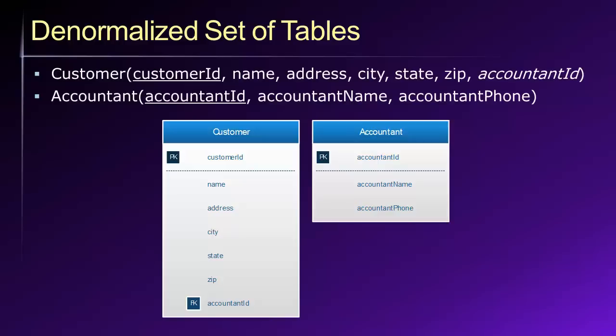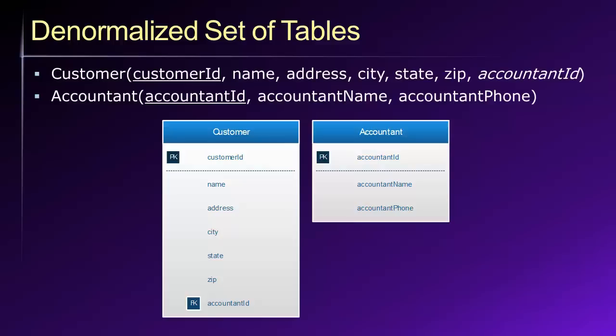Specifically, what we have done is we have taken the city and state attributes that used to exist in the zip code table, and we have added them into the customer table along with the zip code, such that the entire customer address can now be read simply by examining the rows of the customer table.